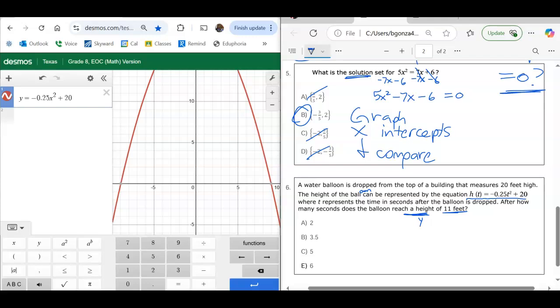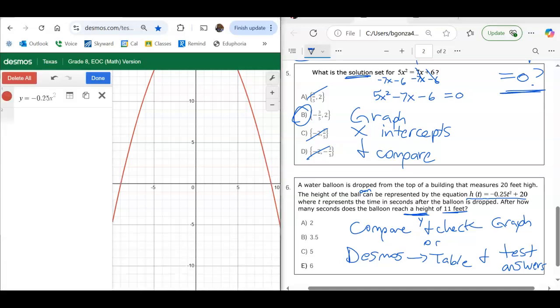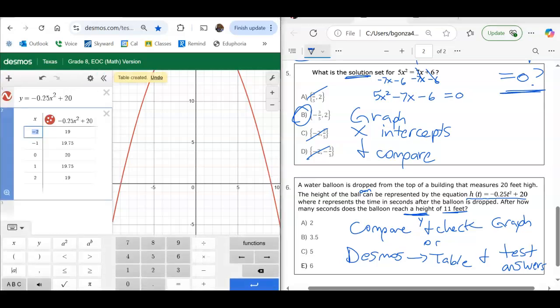Okay, so you can compare and check the graph, or in Desmos convert it into a table and test answers. What do I mean? So once I type it in here, I got my equation. I go to the gear, hit table, and now I can check which one of these gives me 11 feet.